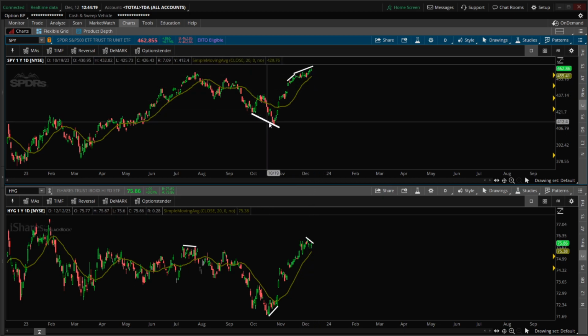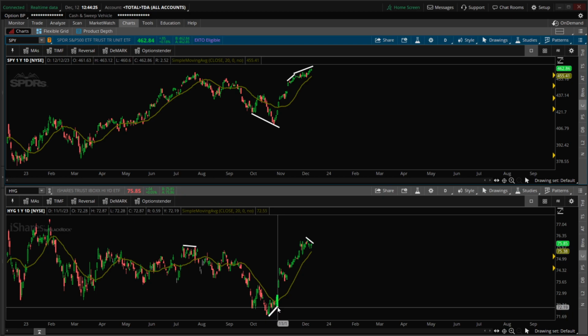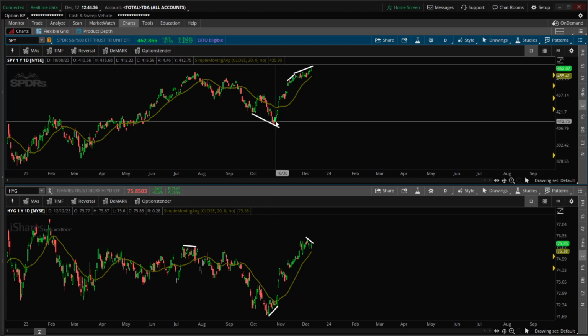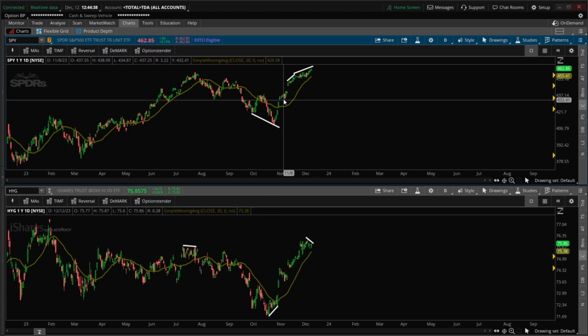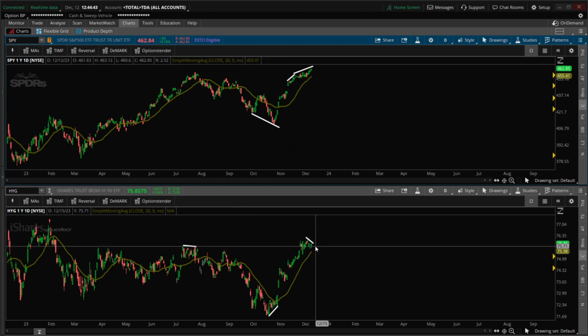So we have our lower low here on SPY or SPX or ES, and then we have a higher low on HYG, junk bonds, and that's when risk on starts to happen. You can see it happen here first, and then it starts to spike up, and the market follows suit really quick there, and we'll look for the same kind of move.